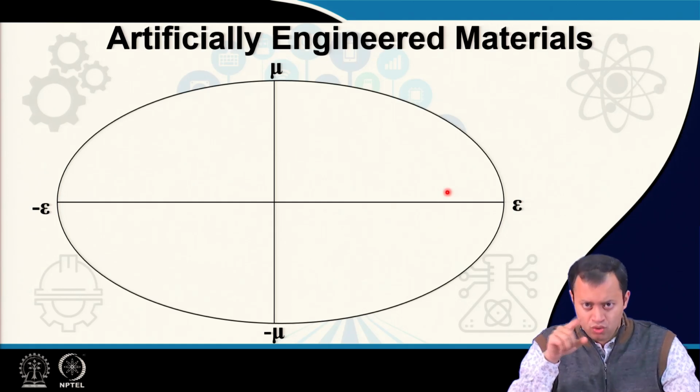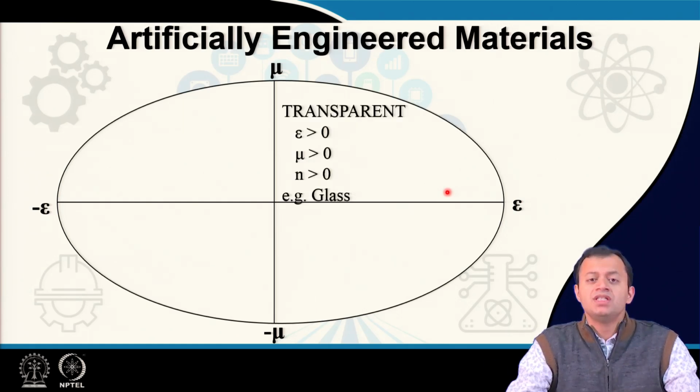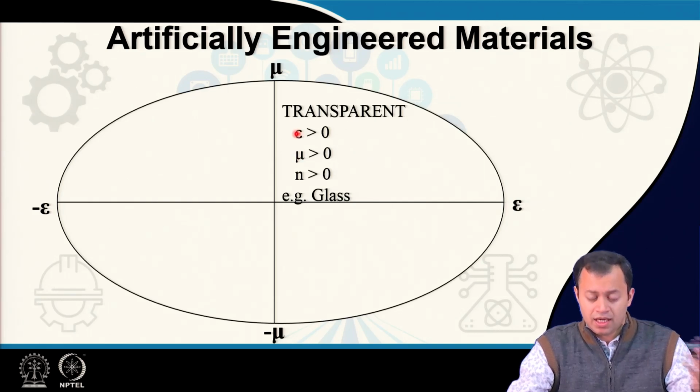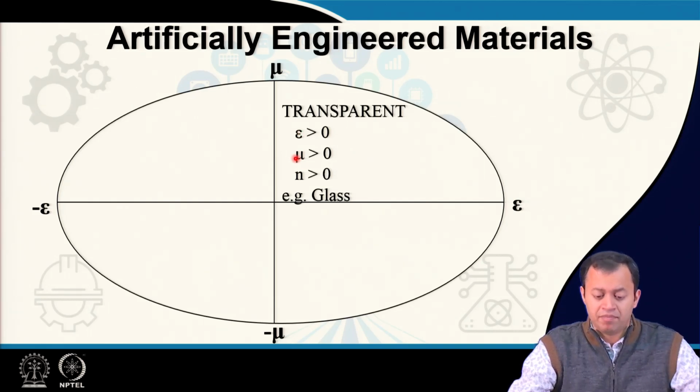Now we all know, you know this formula, N is equal to root over epsilon mu. Epsilon is permittivity and mu is permeability, the electric field part, how the electric field will get modified when a photon comes into the system. So, if you have both positive values of epsilon and mu, you mostly have refractive index of N greater than 0, and you have a transmitting transparent material such as glass.